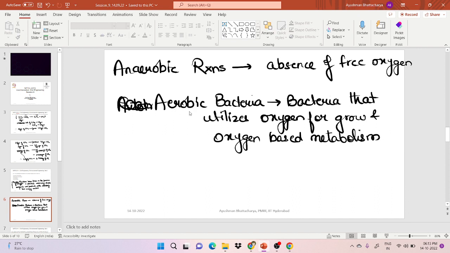Previously I explained what is an aerobic reaction. Since aerobic reactions occur in the presence of oxygen, aerobic bacteria means bacteria that utilize oxygen for growth and oxygen-based metabolism. Okay, now anaerobic bacteria.